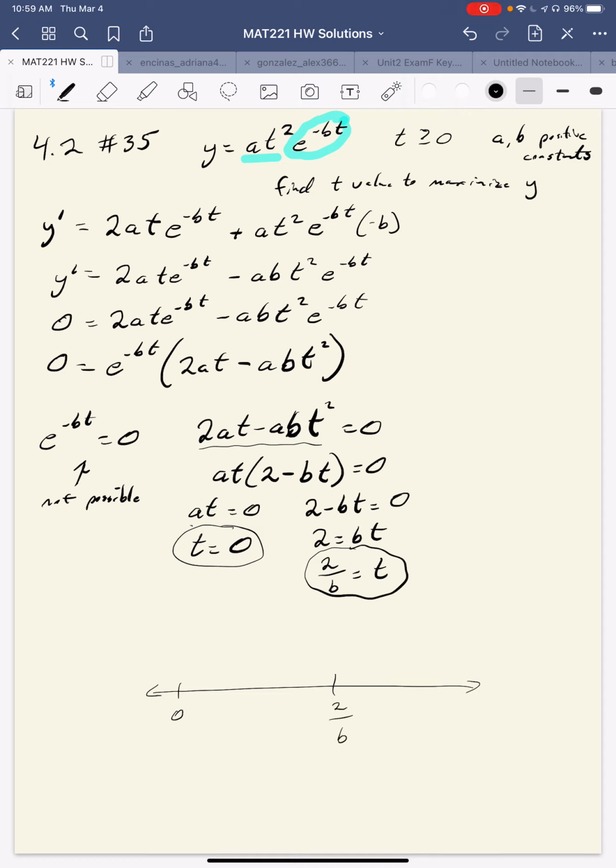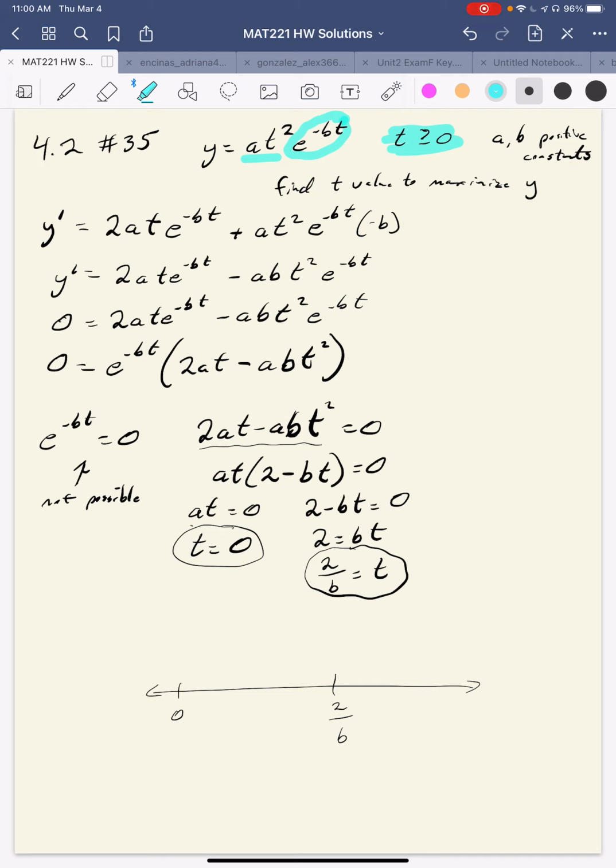And then I have to test some points to the left and right of these critical points. Okay, first of all, remember though that t has to be greater than or equal to 0. So I'm really not going to check anything to the left of 0 because that's not part of my function anyway. So I need to try some values that are larger than 2 over b and smaller than 2 over b.